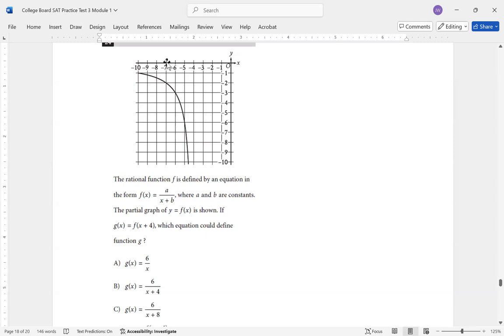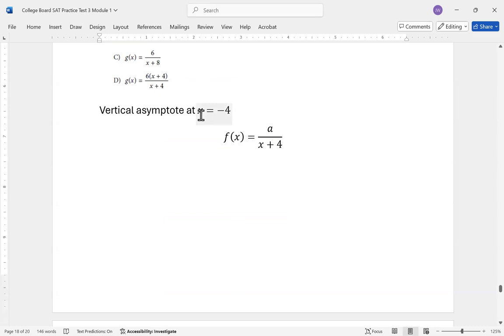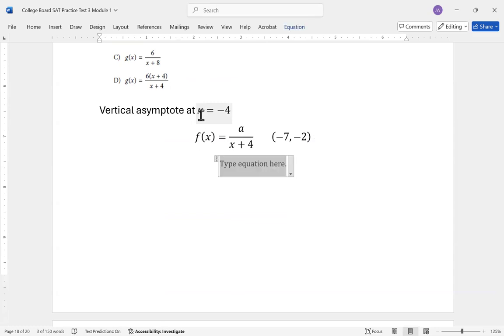It goes through the point -7, -2. It goes through the point -5, -6. It goes through some other points that are harder to see. But since it goes through the point -7, -2, that means if I plug in -7 into this function, I should get out a -2.